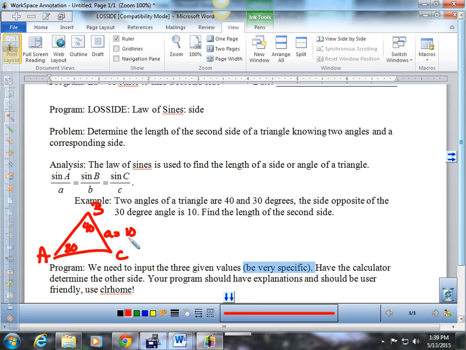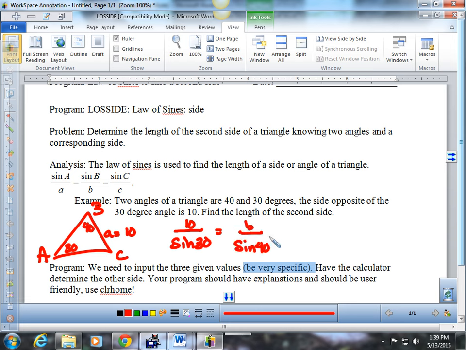So can we use law of sines? Absolutely, we can use law of sines. Why? We have a corresponding side-angle pair. We are going to be using law of sines to find what? Side b. So 10 over sine 30 is equal to b over sine 40.